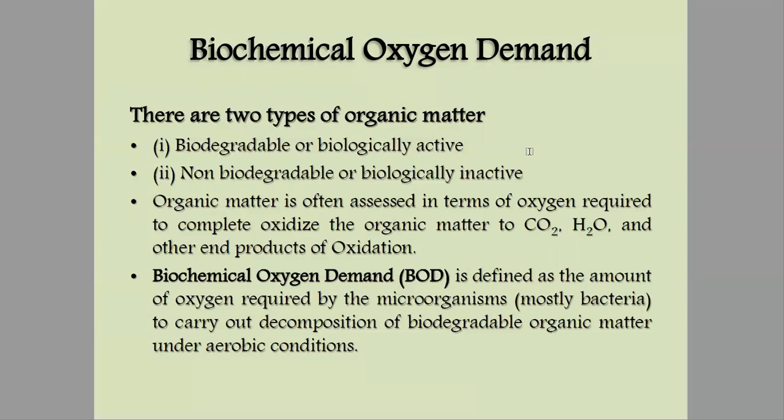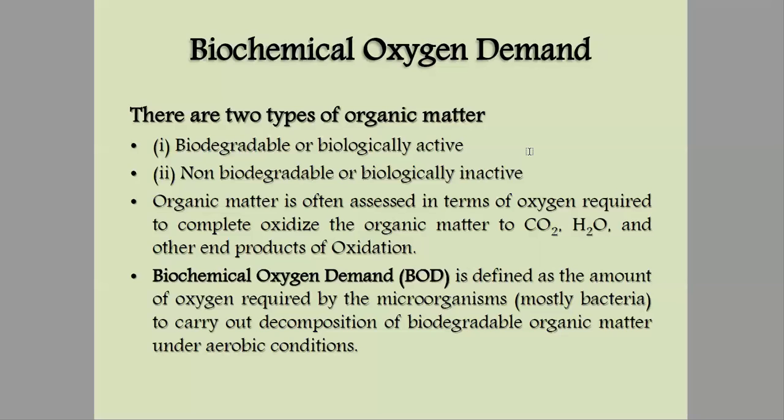Means to completely oxidize the organic matter, or the impurity present in that wastewater, into carbon dioxide, water, and other end products which are unobjectionable. So we'll calculate the amount of oxygen required to completely oxidize them into CO2, H2O, and other end products.